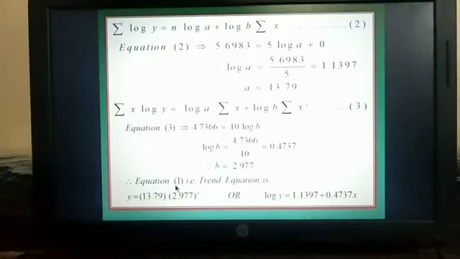After getting these constants, we were substituting in the main equation. Once we substitute the a and b values, or the log a and log b values, this will be the trend equation.